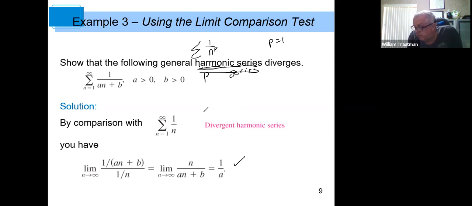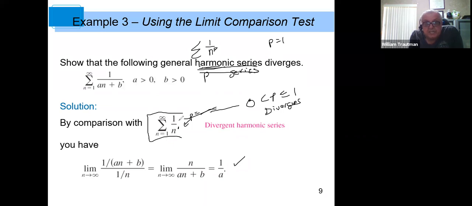So when we look at this, if p is 1, this is the P-series test. If p is greater than 0 but less than or equal to 1, the series diverges. So that's why I wrote all that at the very beginning.